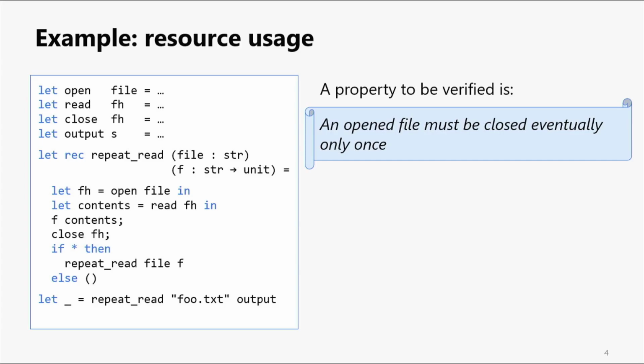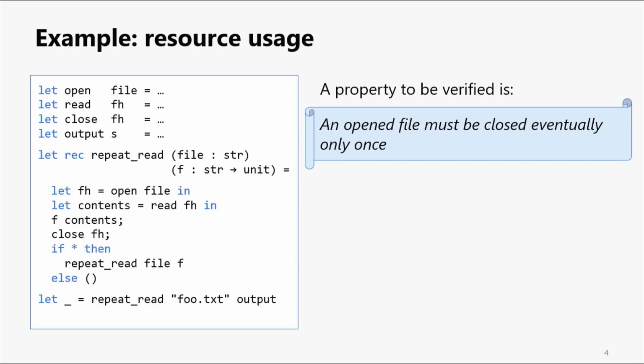A property to be satisfied in this program is that it should use a file object in a well-organized manner. It means that if the program opens the file, it should close the file.